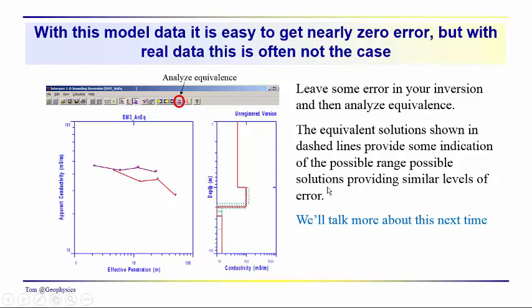So if you're talking to a client, you go through this exercise of collecting all the data, developing the models. You want to give them some sense of the variability that you could have in the thickness of the contaminated portion of the aquifer, and so that's the main objective of the work. And these equivalent solutions allow you to do that.